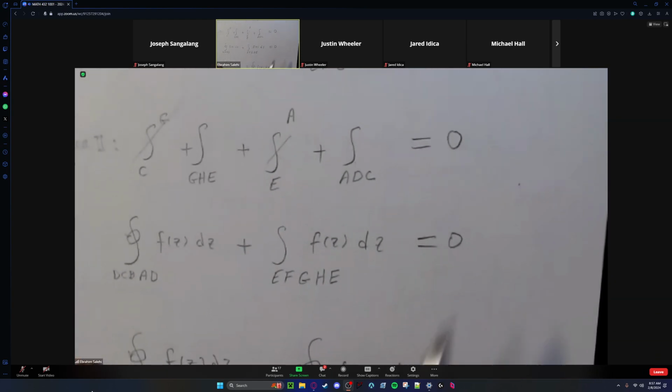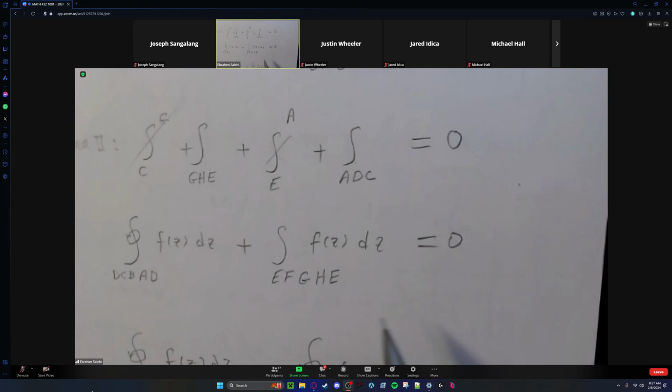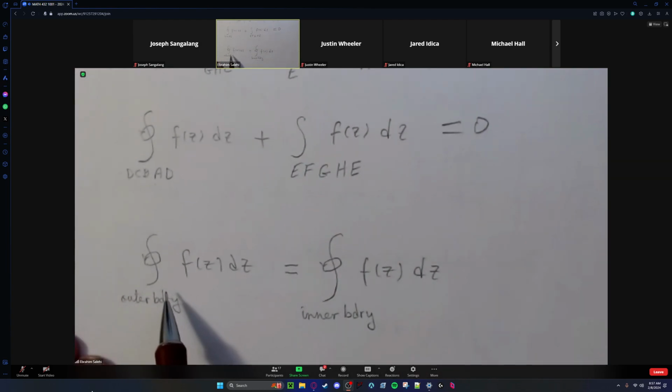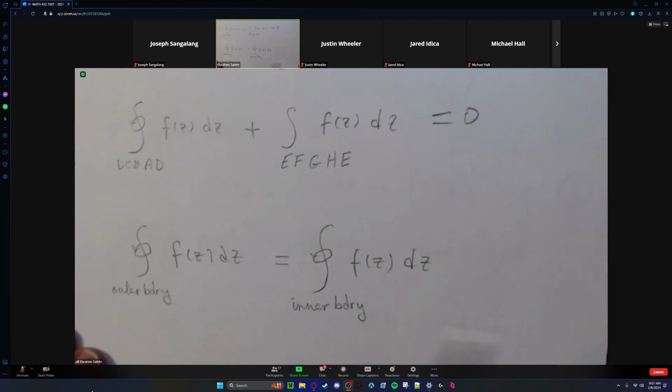So outer boundary plus inner boundary clockwise. So I can change to counterclockwise. There will be a negative sign here. Take that to the other side. You will get this. So if there is a hole in there, the integral over outer boundary will be the same as integral over inner boundary.